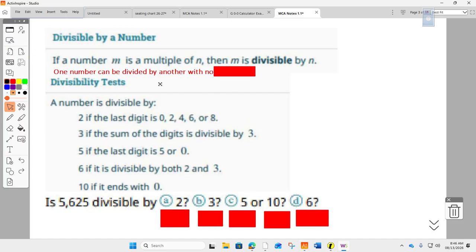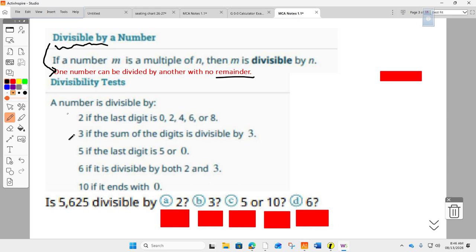So we can say that a number is divisible by another number if you can divide it with no remainder. So one number can be divided by another with no remainder. That's what being divisible means. It's a little bit worded here, but if we're saying something is divisible, we're saying it's a number that can be divided by another with no remainder. Okay?